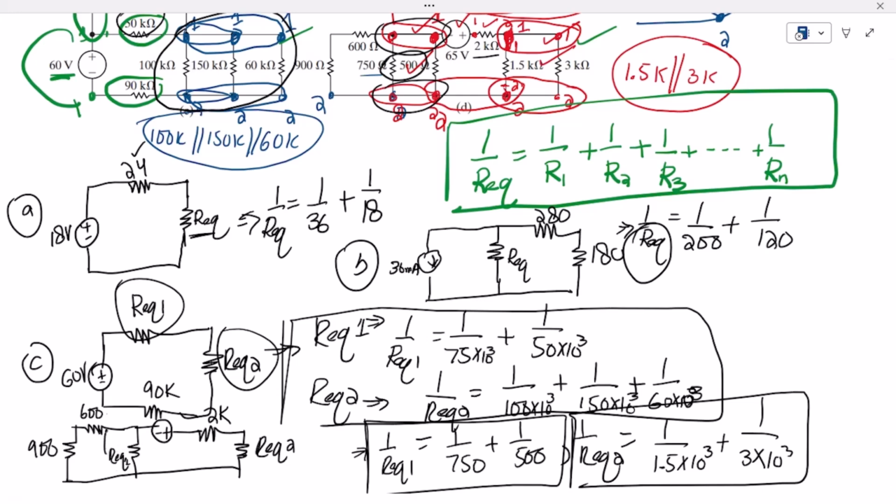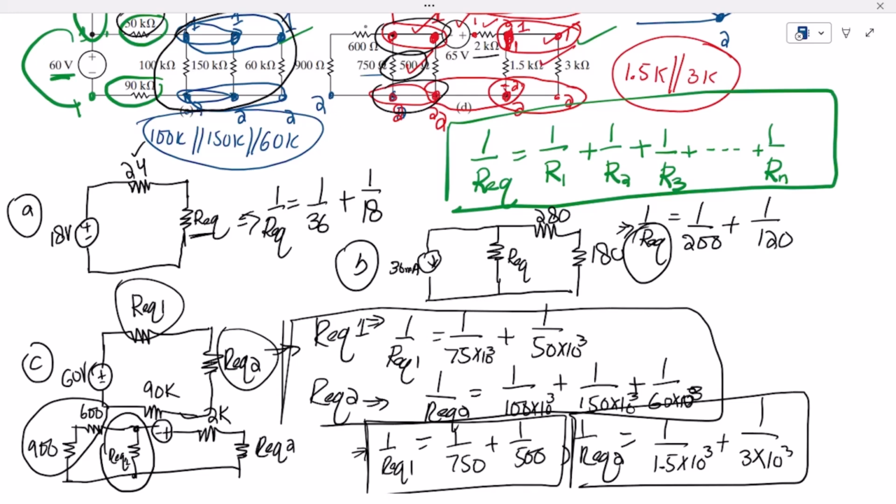By applying the same formulation you can see what is happening here. One question is, why is it connected in parallel with this one, or in such a way that it looks like it is in parallel with each other? Actually this R equivalent 2 is parallel with the combination of 600 and 900, but why have we connected it here?